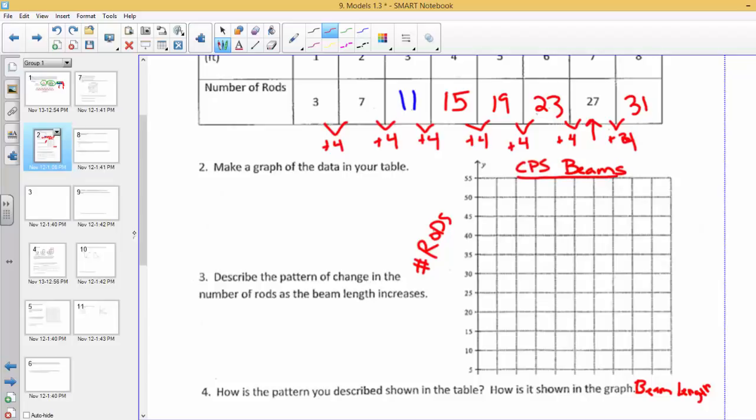So you always want labels and titles. So in our table up here, our x value went up to 8 and our y value went up to 31. The y is already numbered for us. The x's, it appears that we're just going to count by ones.